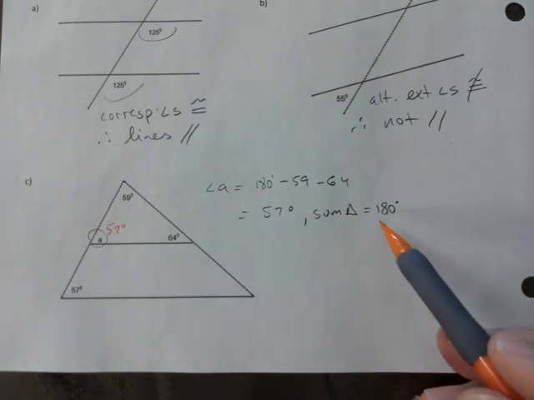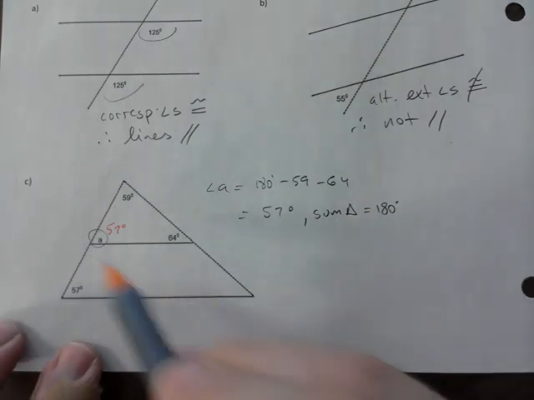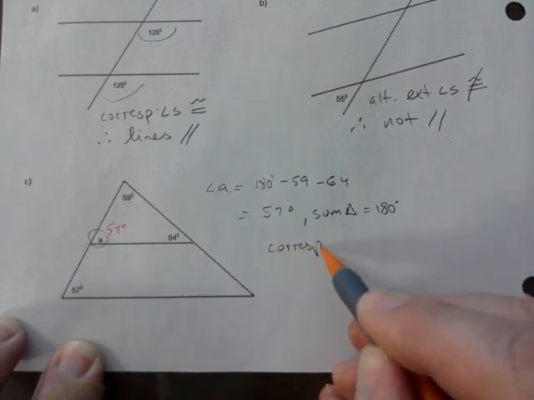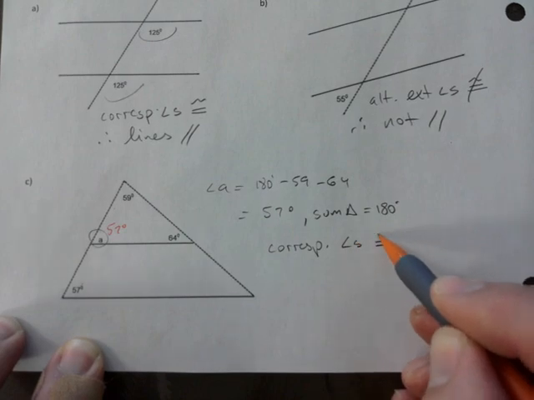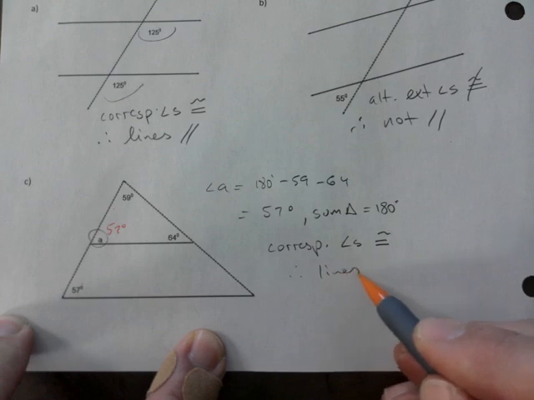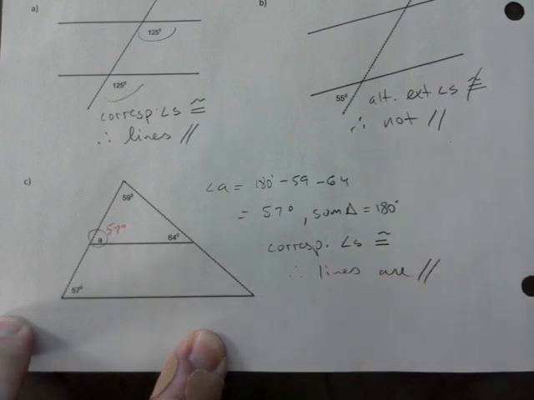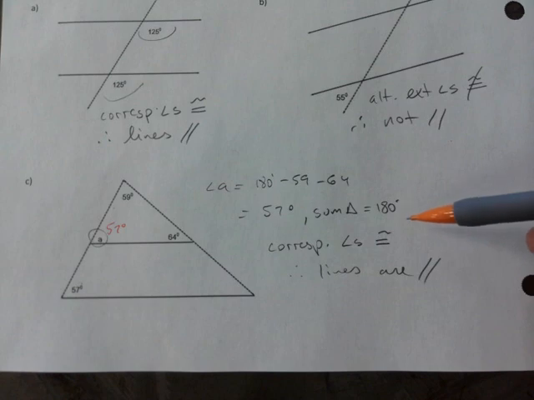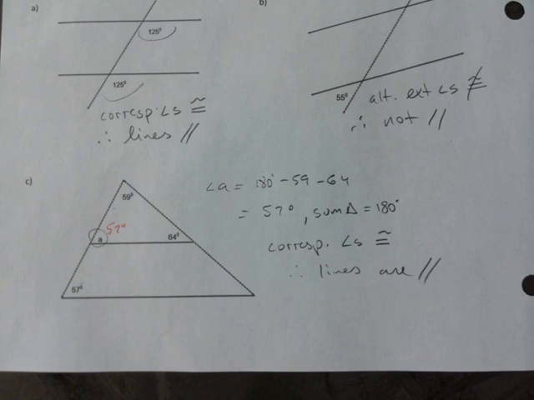It doesn't matter if lines are parallel or not. And now you have a name for them, right? Corresponding angles are congruent, therefore lines are parallel. So I used a property, vertically opposite. Sum of triangles, sum of quadrilaterals is 360. Those can always be used. And now you're saying corresponding angles are congruent, lines are parallel. Done.